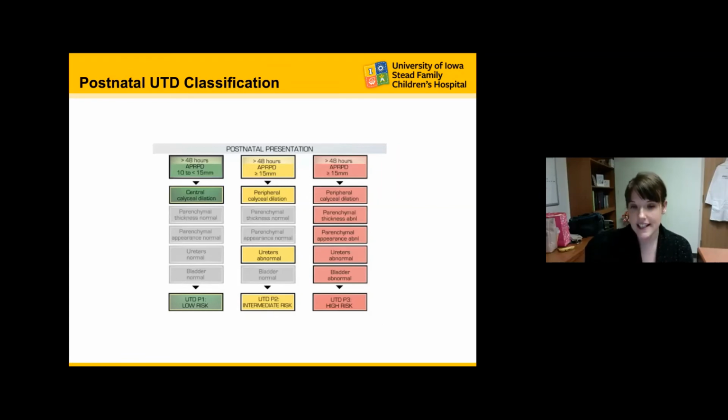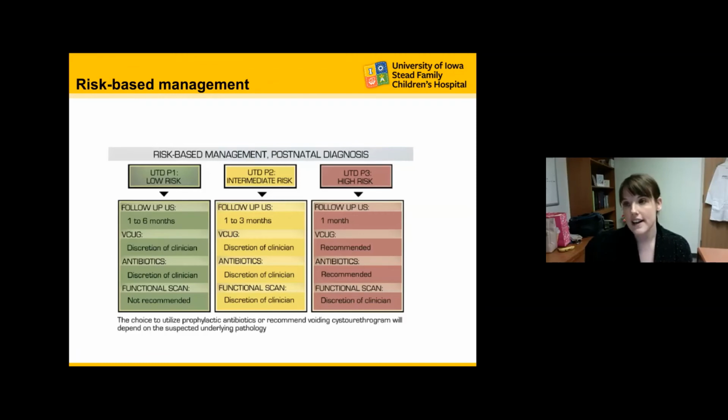And then that dictates what further postnatal management should be. Now, this classification needs to be studied in more detail, and this is by no means a rigid algorithm for how to proceed with these kids, and this likely will continue to change and evolve over time, but this is just general guidance for the clinician.